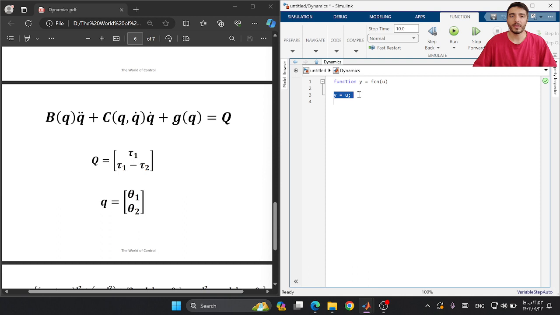We know that our output is Q double dot, and our inputs, we have parameters and Q and Q dot, and actually tau as an input.